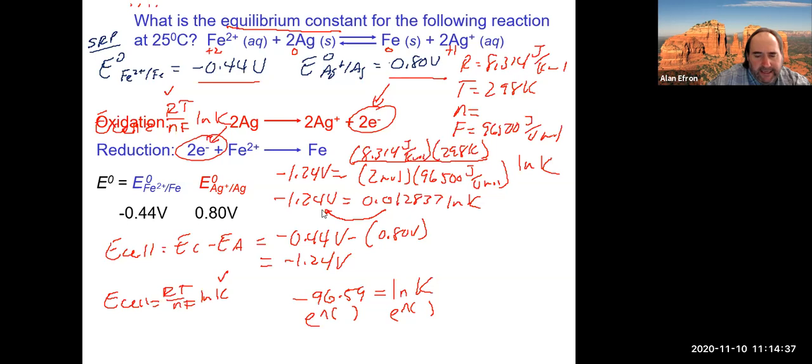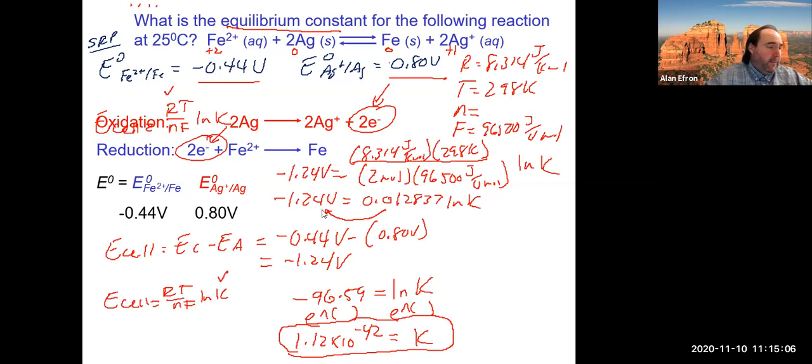By taking e to both sides, that is going to give us a K value of, call it, 1.12 times 10 to the minus 42. We want to see whether this makes sense.